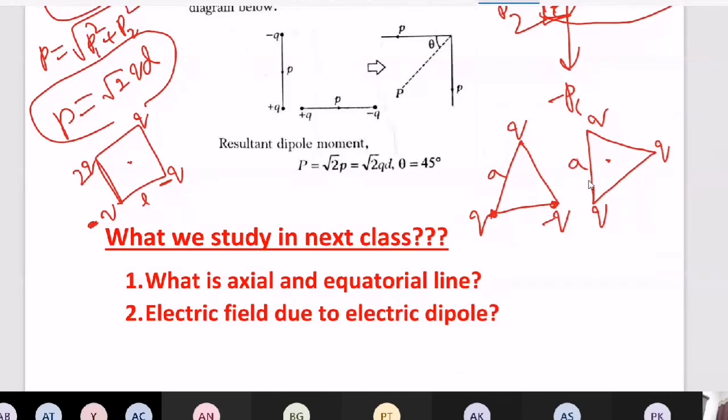These are three cases. In the first case, what is the field at this point and this point? In the second case, what is the field at the centroid? In the third case, what is the field at the center? Please try to solve all these three questions and send the solutions to your respective proctors. This is how the questions will come, so try to understand and solve.